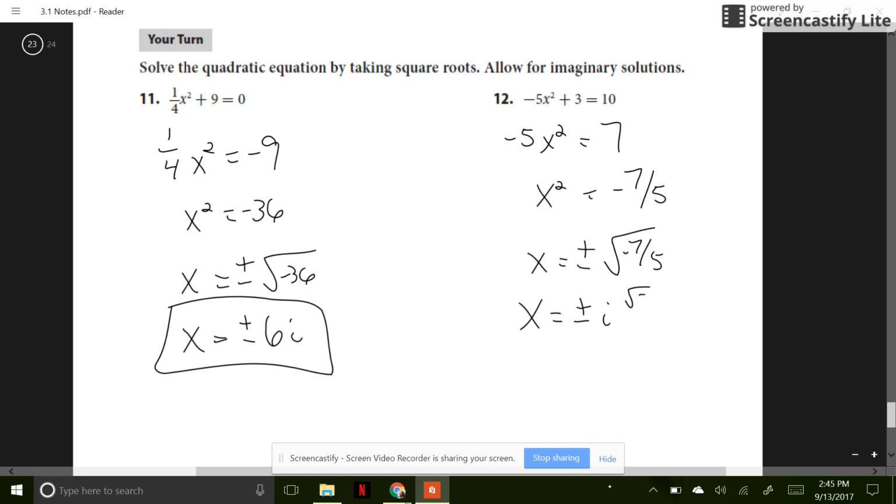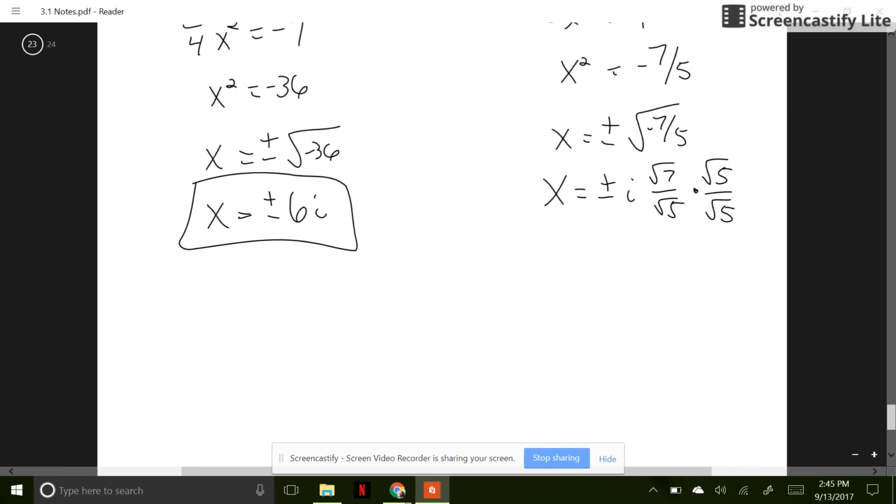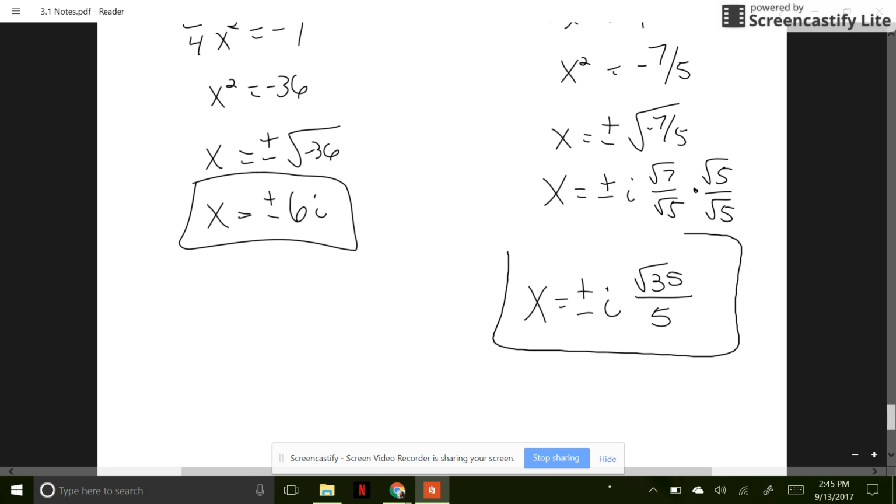And I can break it apart into root 7 over root 5. Since I have that root in the denominator, I do need to rationalize, multiply by root 5 over root 5. So this should give me the solutions plus or minus i. In the numerator, root 7 times root 5 is the same thing as root 35. And then in the denominator, I'll just get a positive 5 there.